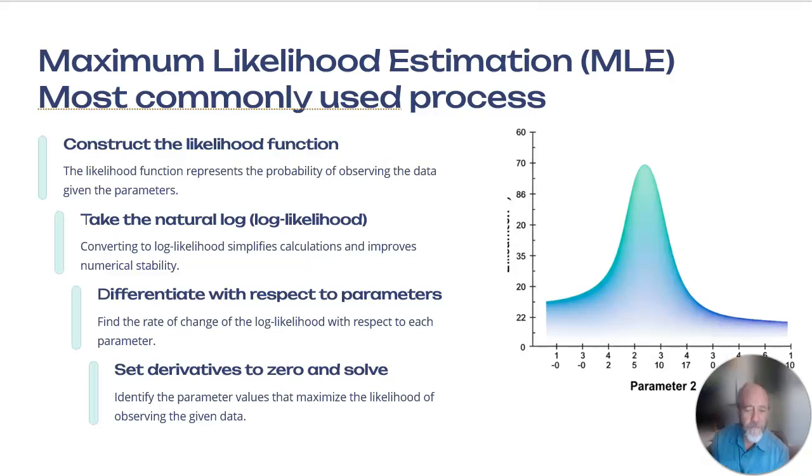This will be very obvious when I give you an example. Then you take the natural log of that likelihood function. This is just the MLE process. You get the likelihood function, take the natural log, and then differentiate with respect to each parameter. The parameter you're differentiating with respect to is the parameter that you wish to estimate. And you set the derivative to 0 and you solve.